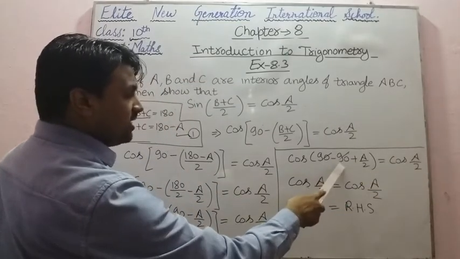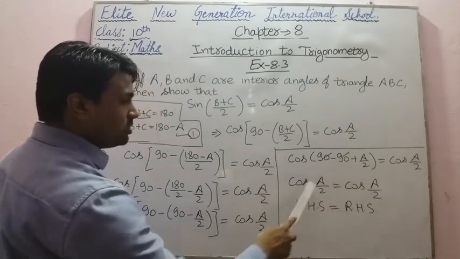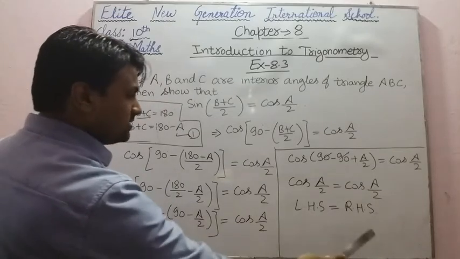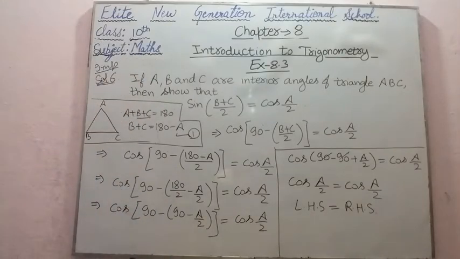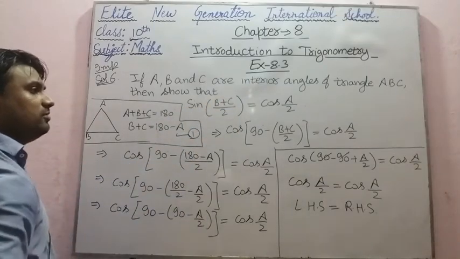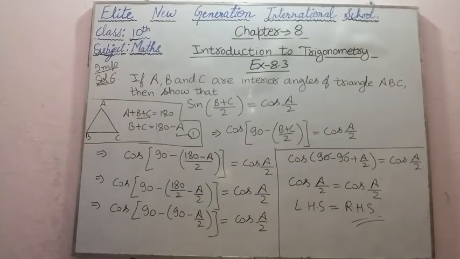So here 90 minus 90 will be 0, so it will be cos A upon 2. So cos A upon 2 equals cos A upon 2. Here we can say LHS equals RHS. In this way we can prove that sin (B plus C) upon 2 equals cos A upon 2.